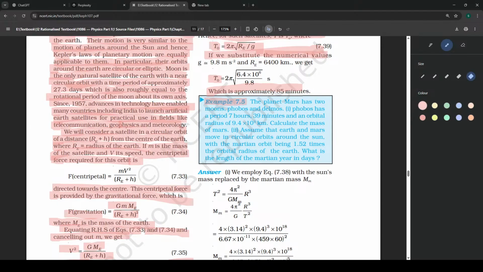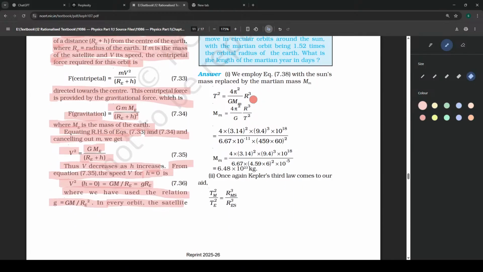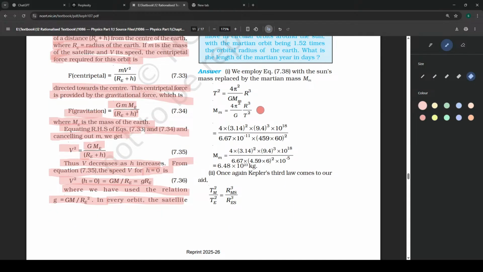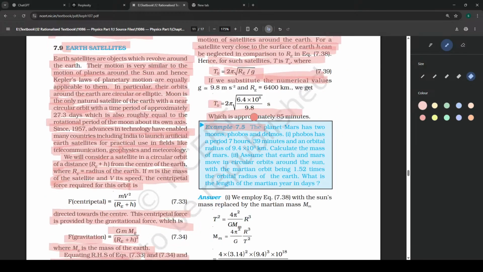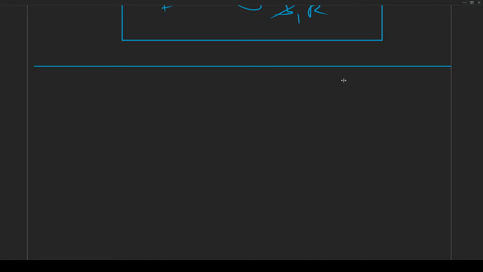Anyways, example 7.5, or let's derive this once before. Basically, the centripetal force formula is mv square by RE plus h.